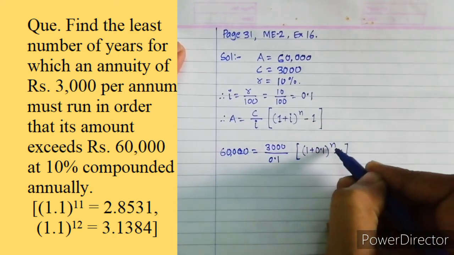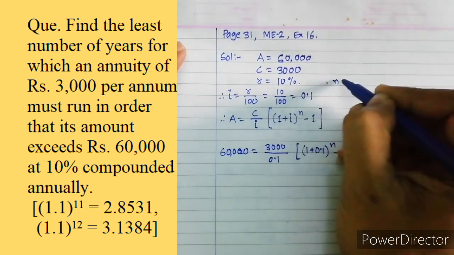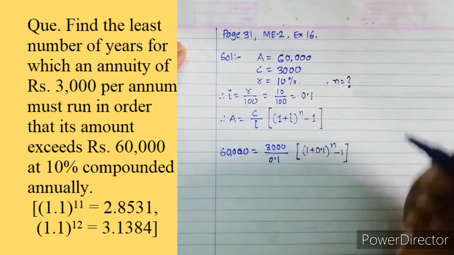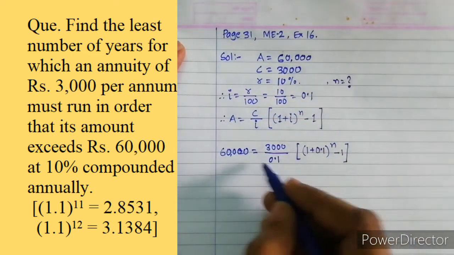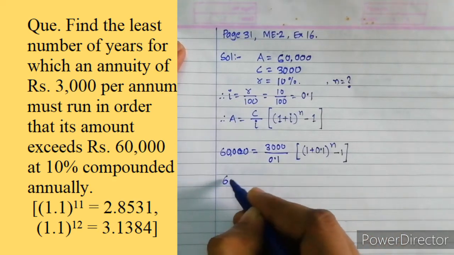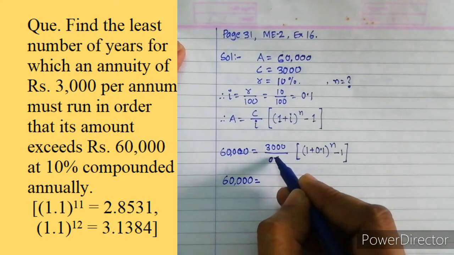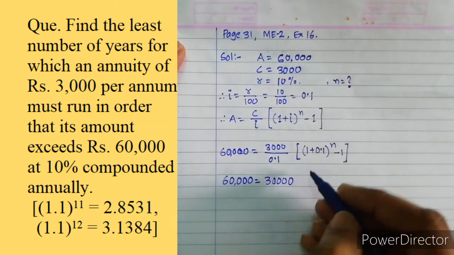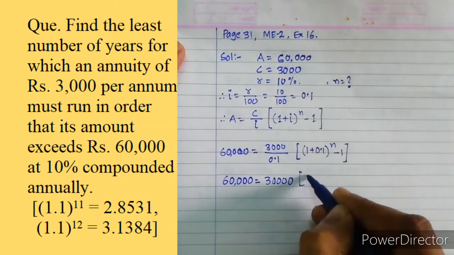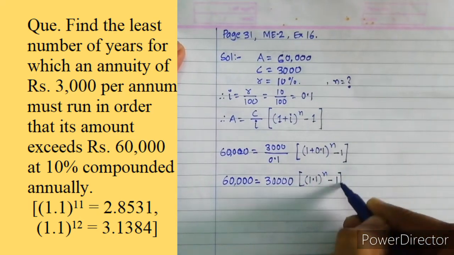See, we have to find out the number of years, so n is as it is. You can write n is equal to question mark. Okay, now let us solve all this. Here we write 60,000. If you shift this decimal point, it is 30,000, into 1.1 raised to n minus 1.